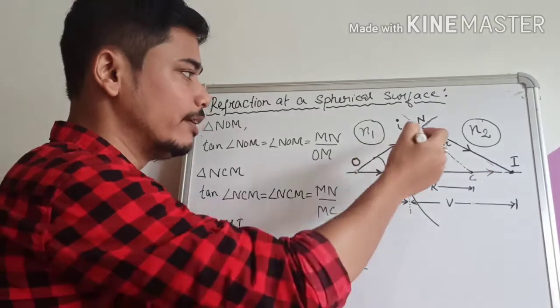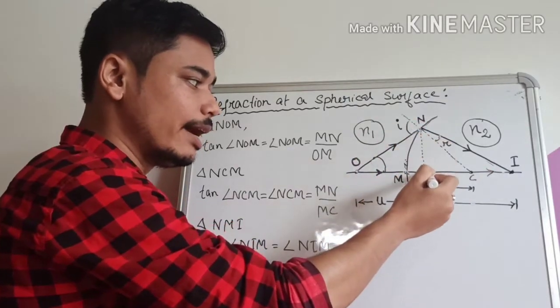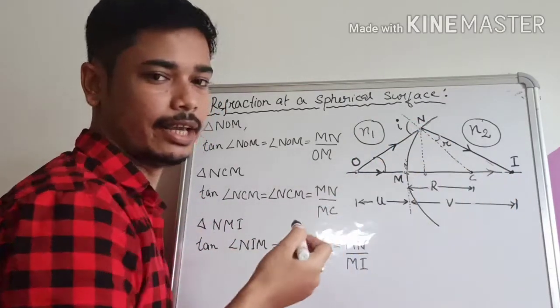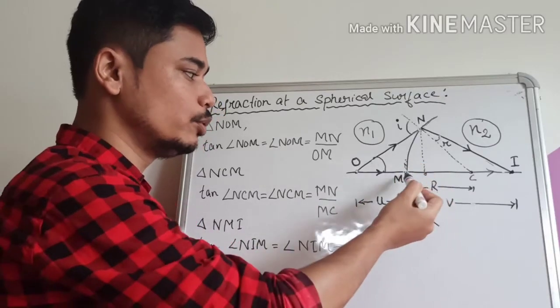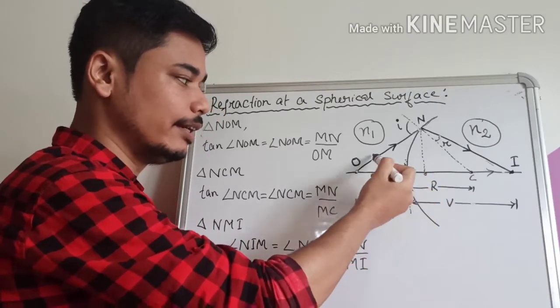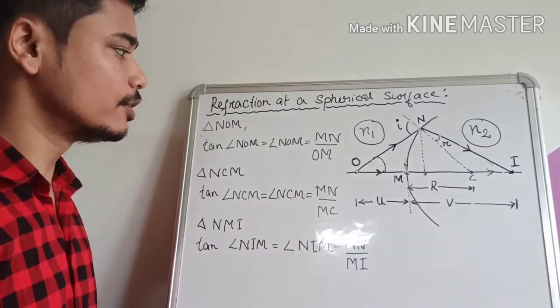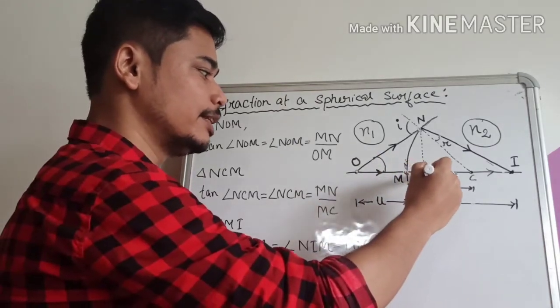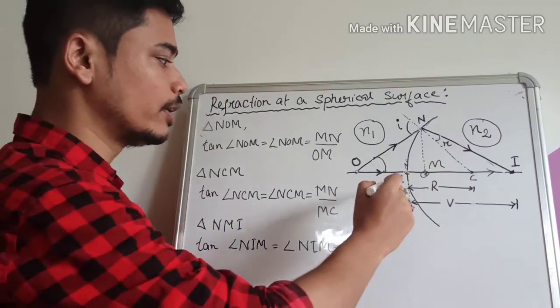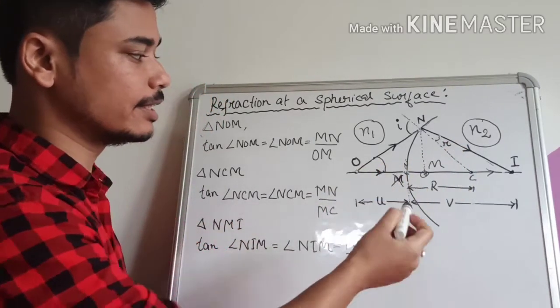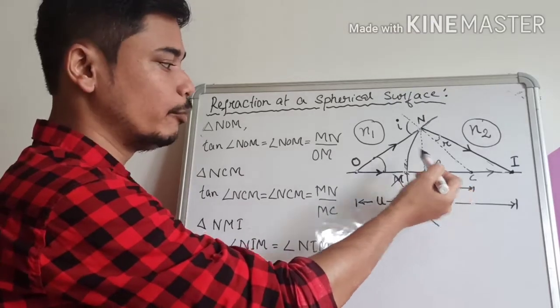So this point will be very close to this point if this angle is very small. So in that case, we can consider this point to be the point M.